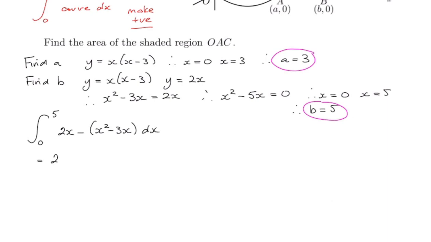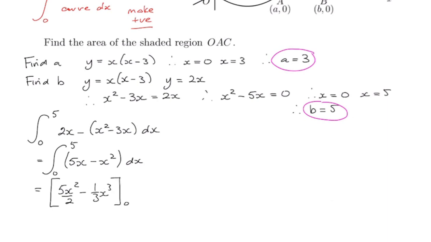So this gives you, oops, let's read that out. The integral between 0 and 5 of 5x minus x squared dx. I'm going to integrate that, so we get 5x squared over 2 minus a third x cubed between the limits of 0 and 5.